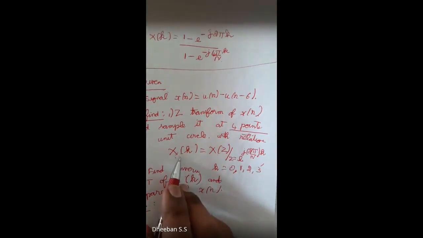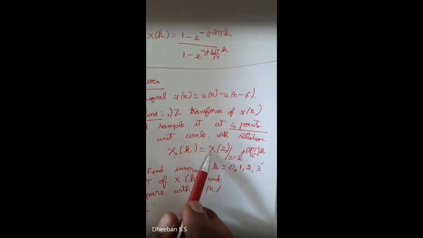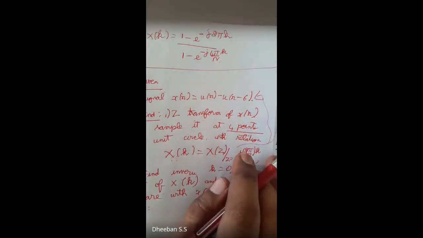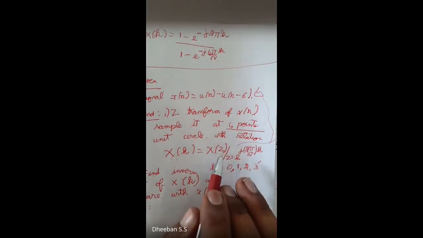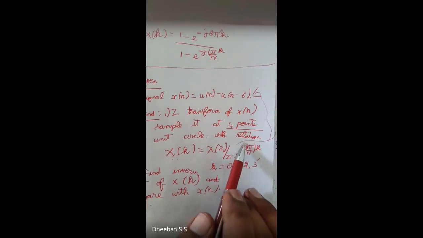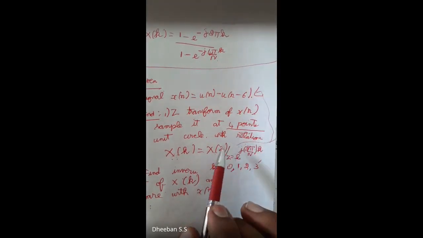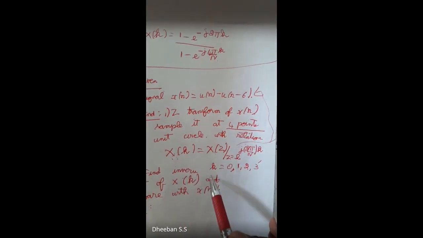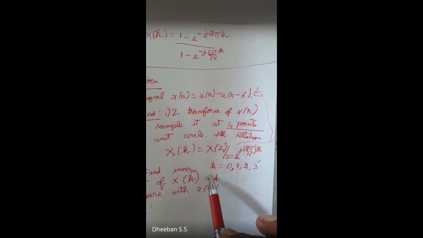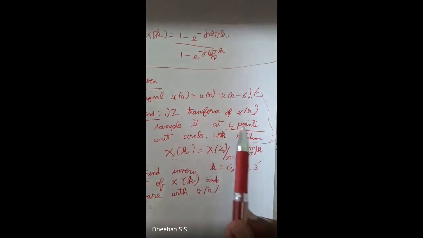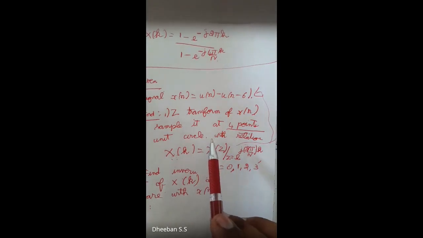Then you apply the sampled values over the Z transform you found. Then you take the inverse DFT, and after taking the inverse DFT you compare with this signal and comment. This is the objective of this problem.